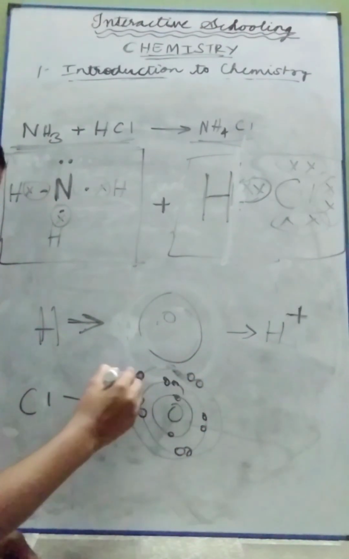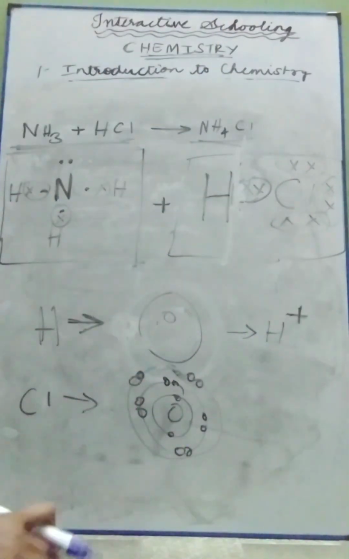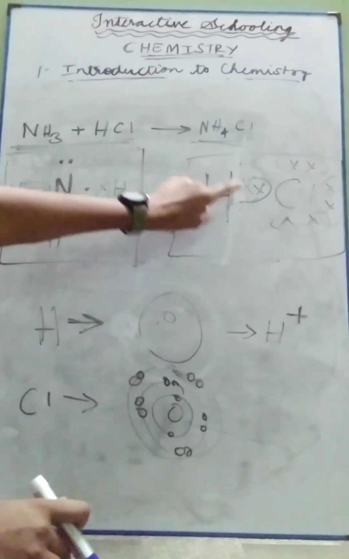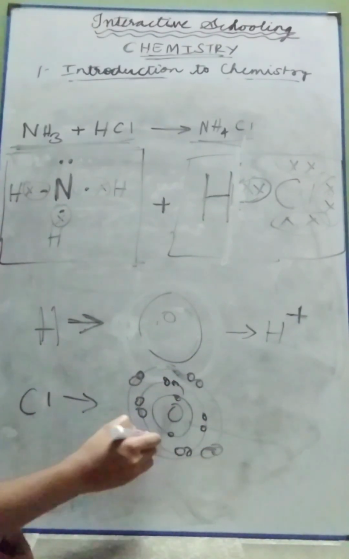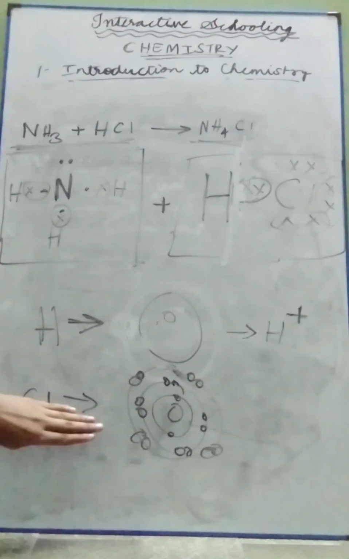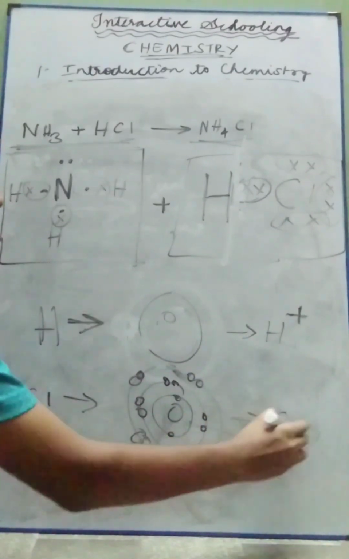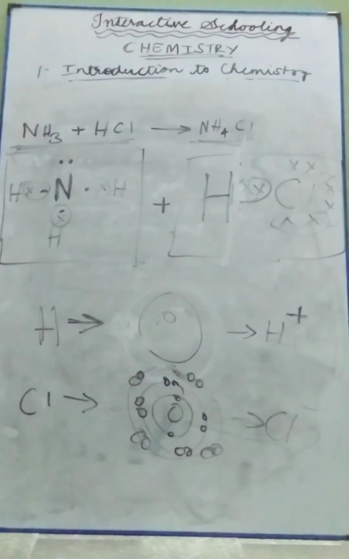But now, since this bond is severed, the electron of the hydrogen has also gone to chlorine. So now it has 8 electrons. Its octet is complete. So this becomes Cl minus with 1 negative charge.